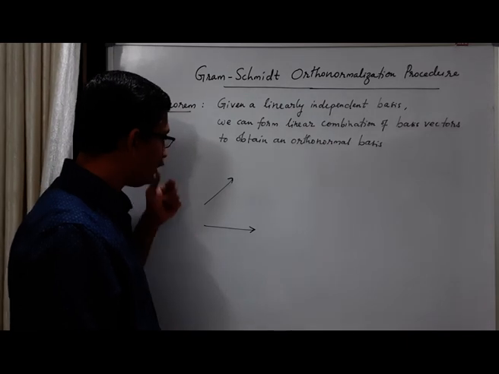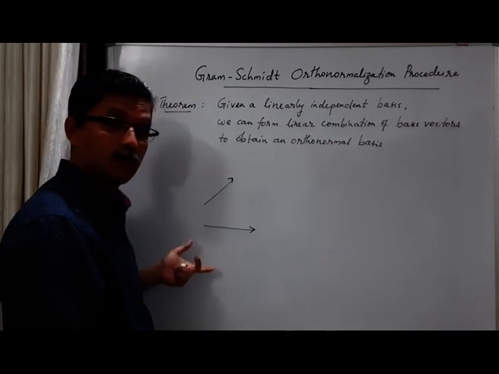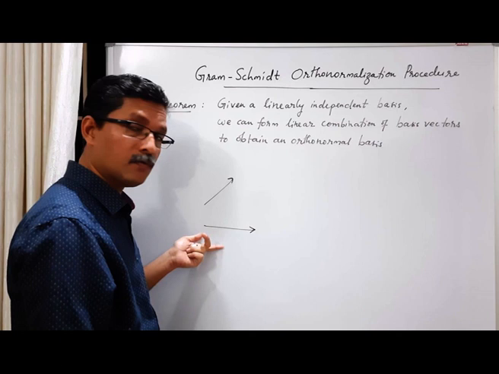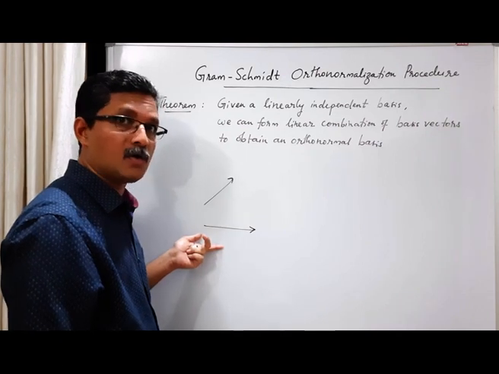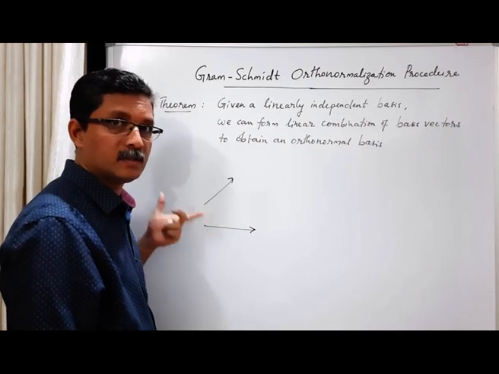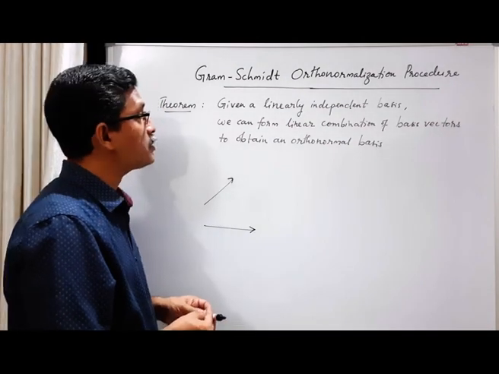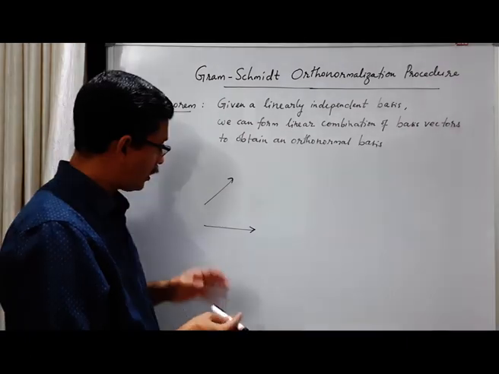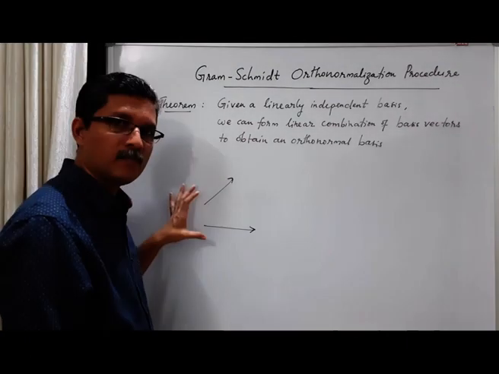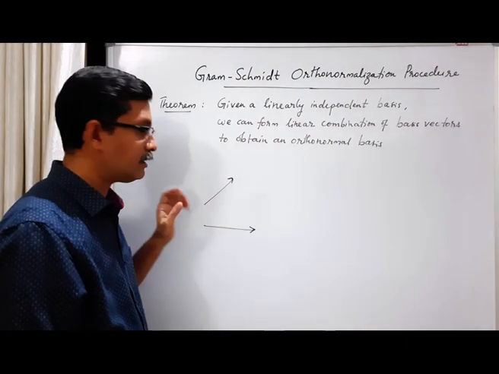So clearly they are linearly independent, but they are not orthonormal. Their magnitude is not 1, which means they are not normalized, and they are not orthogonal, that is, mutually perpendicular to each other. So how can we use this Gram-Schmidt procedure to construct an orthonormal basis from this linearly independent basis? Let us see.